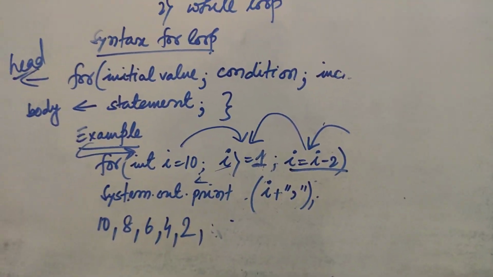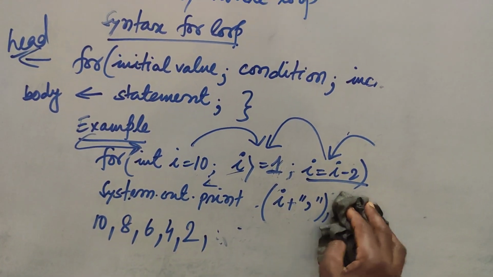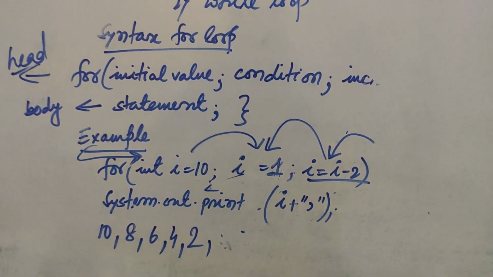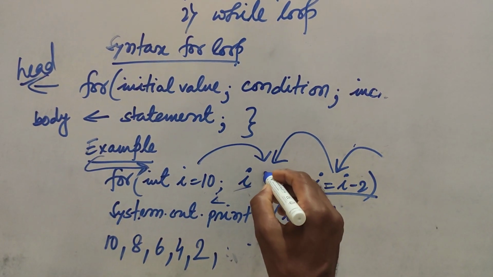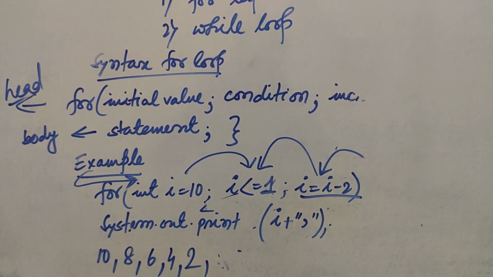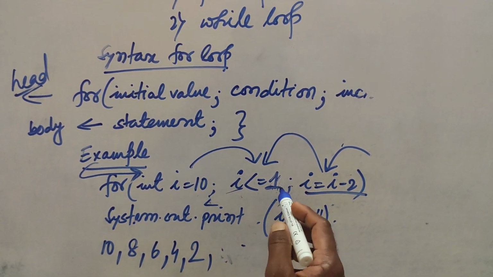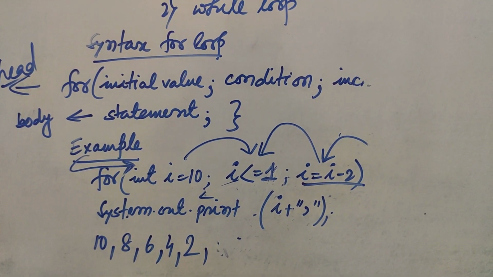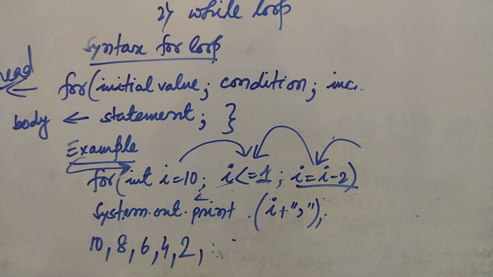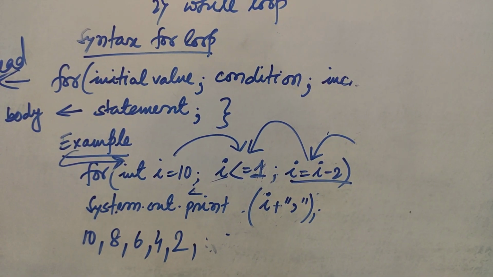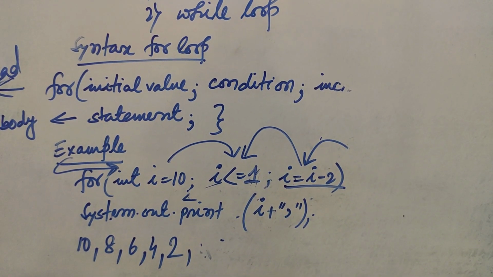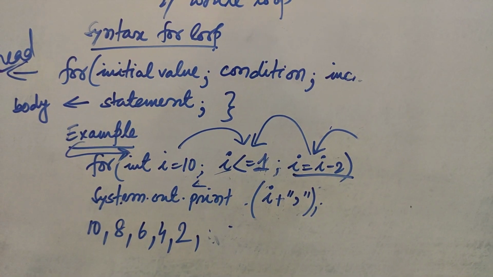See, by mistake you are giving here 10 and you are giving here less than 10, less than or equal to 1, true or false? 10 less than or equal to 1, this is false, no output.